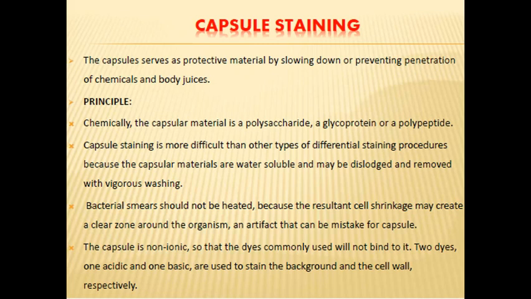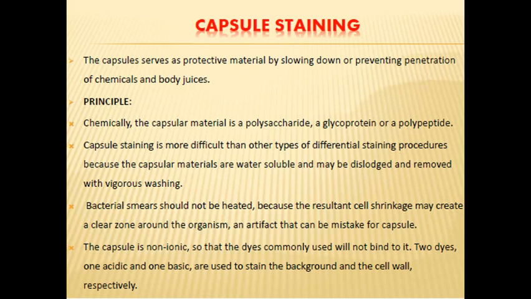Capsules serve as a protective material by slowing down or preventing the penetration of chemicals and body juices. The capsule is made up of extracellular polymeric substances secreted by the bacterial cell, mostly polysaccharide. It is very compact in nature, so external factors, whether biotic or chemical, are unable to penetrate inside the bacterial cell wall, and that's why most capsule-containing bacteria show resistance against most antibiotics.